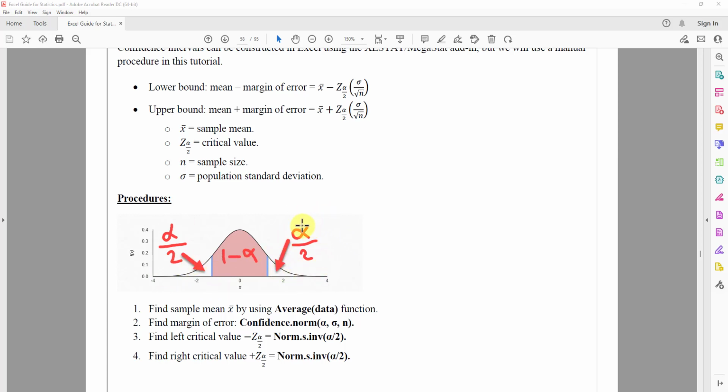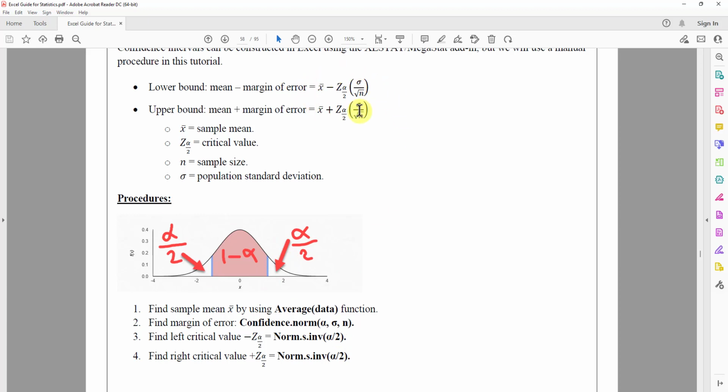So the rest of the area in the middle should be 1, which is everything, minus the 2 tails, which is alpha.